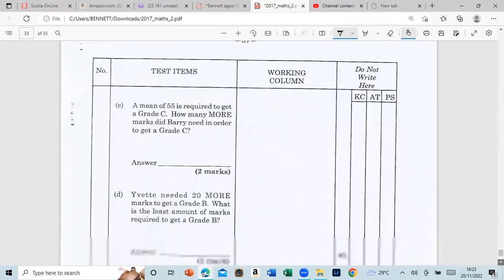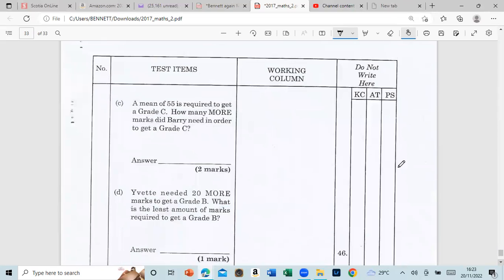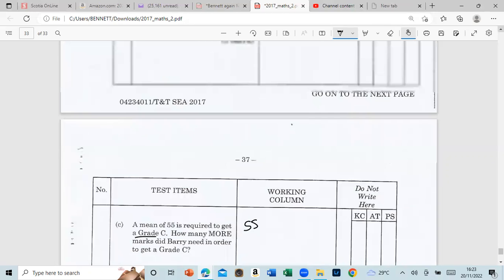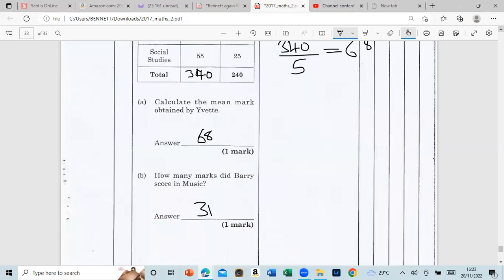No, I'm not done. It said a mean of 55 is required for grade C. How many more marks did Barry need in order to make a grade C? So you want to get a 55 average. We don't have to add up anything because the total is 240.